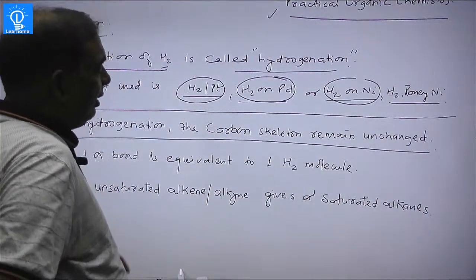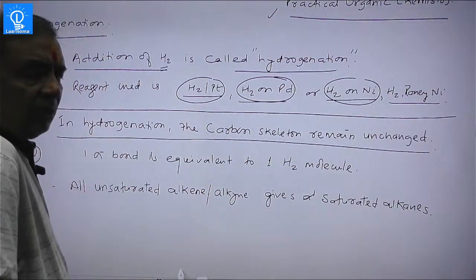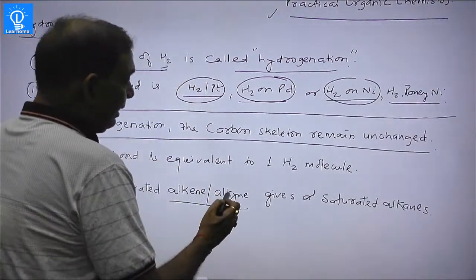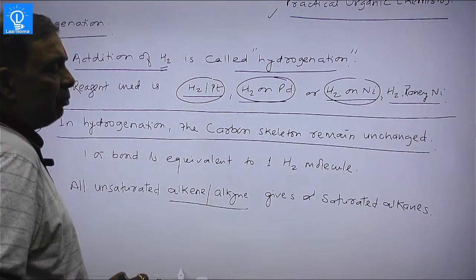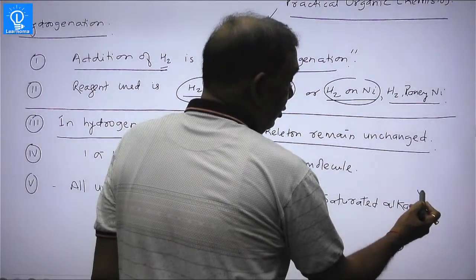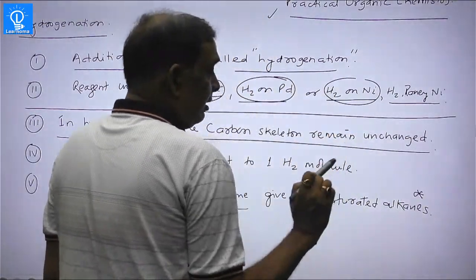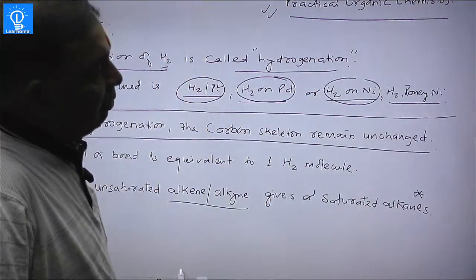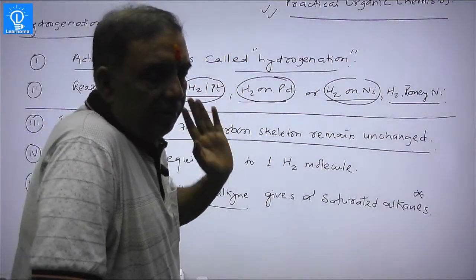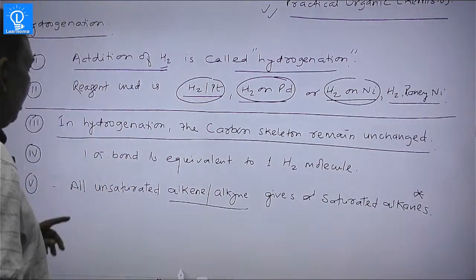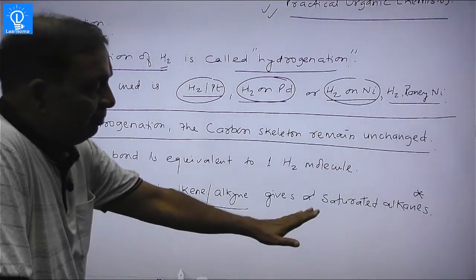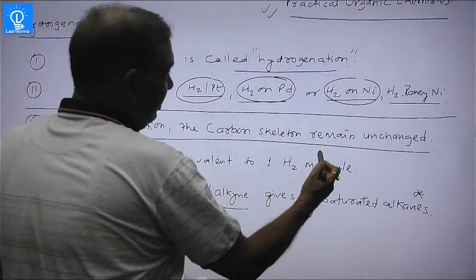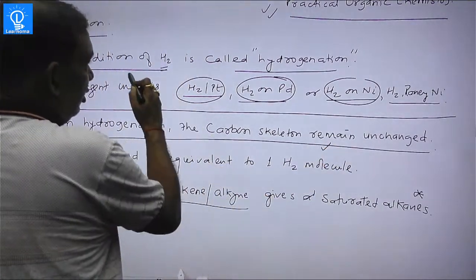A lot can be discussed about this. There are many examples of partial hydrogenation where alkyne gives alkene, but we are not going to discuss all those, because we are very much specific to problem solving. All unsaturated alkene, alkyne gives saturated alkanes. Carbon skeleton remains unchanged, and this is called hydrogenation.